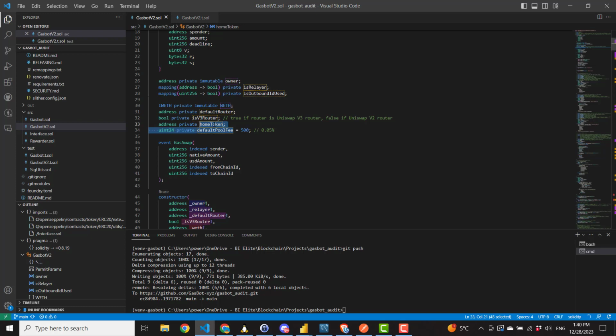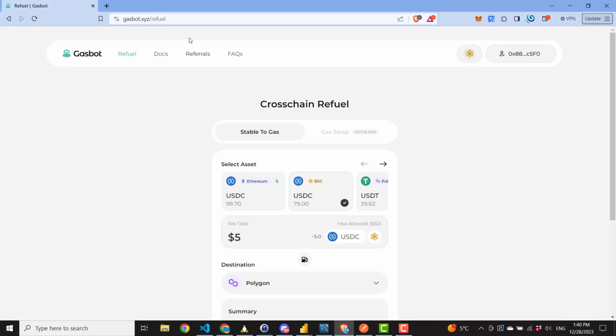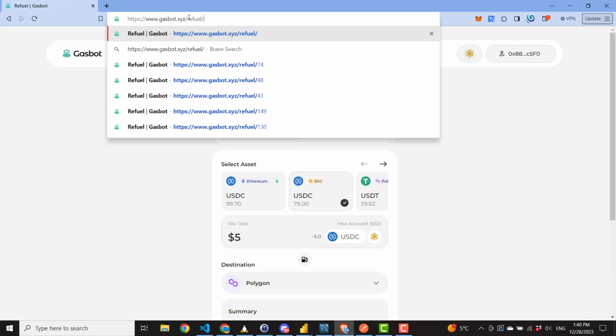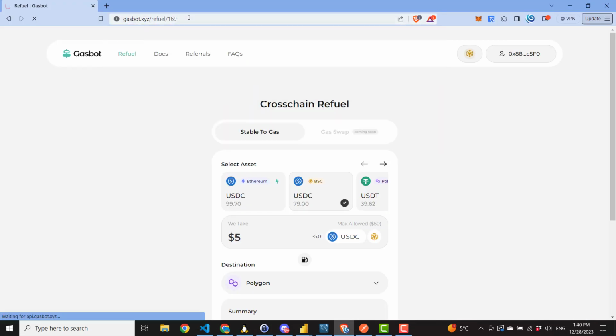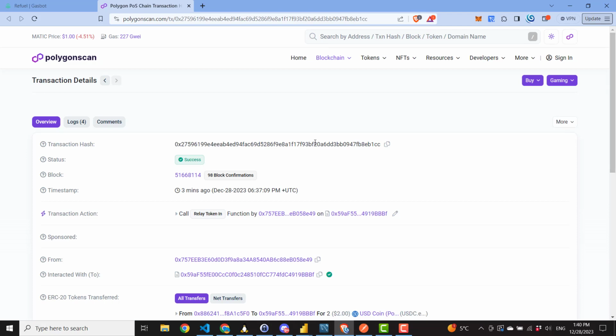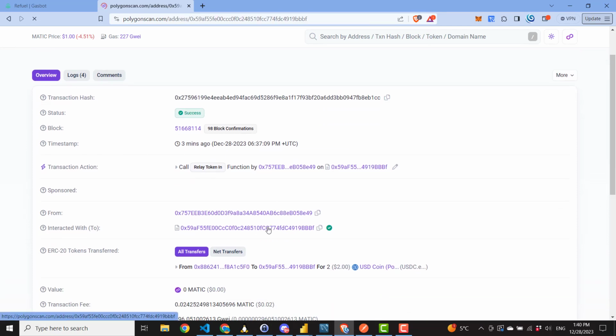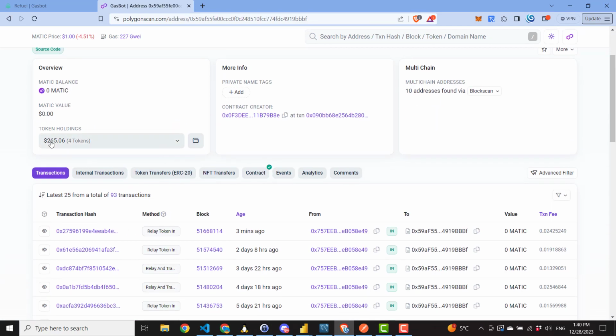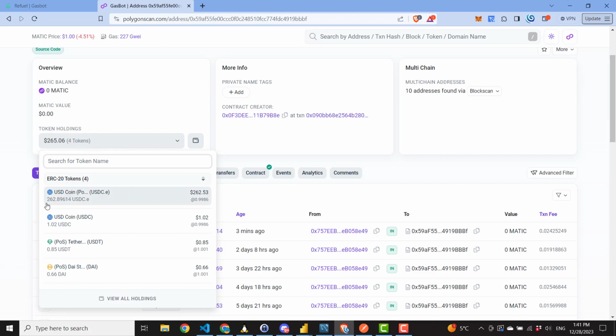Home token. Each contract is going to hold one token, and that's the home token. For example, if we go back to the swap that we initiated, we'll go in and see the current V1 Gasbot contract. You can see on Polygon, this holds 263 USDC.E.